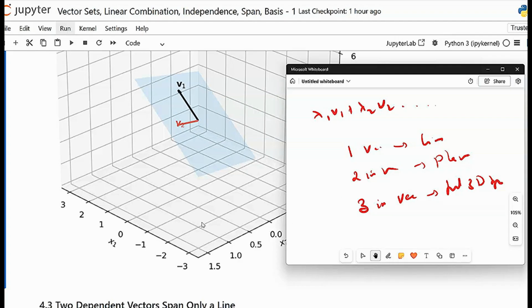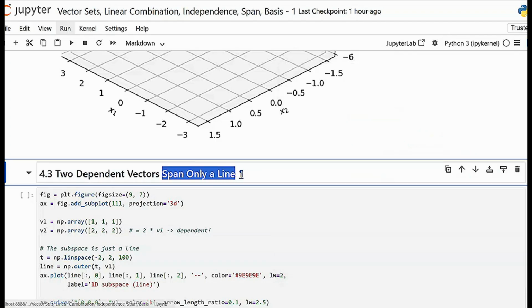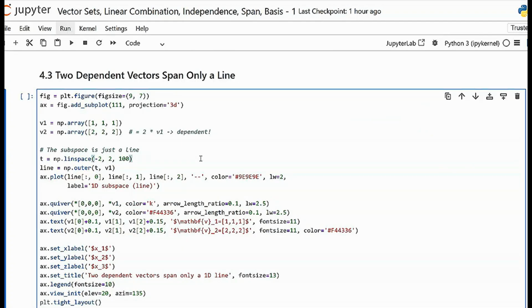Now let me move on to dependent vectors. Two dependent vectors span only a line. So directly we go to the coding. Kindly observe, dear friends. This creates a 3D visualization. We are going to plot a figure, initializing a 3D plotting axis, and here we go with the vectors.